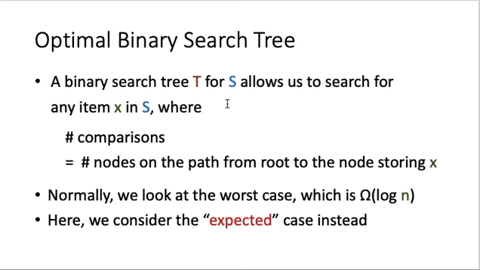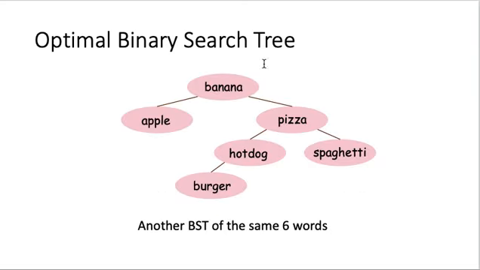Now the purpose of setting up a binary search tree for S is to allow us to search for the items of S. How do we search for a certain item? For instance, if we want to search for hot dog here, we simply compare the word hot dog with the root node, and we find out that hot dog is larger than this value.